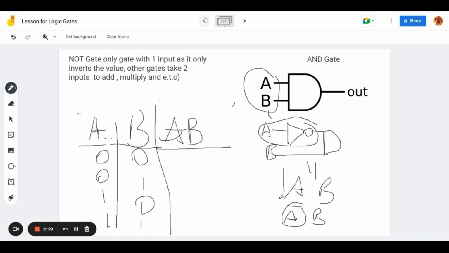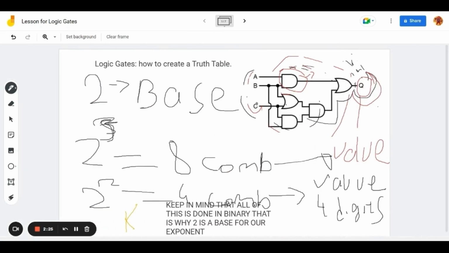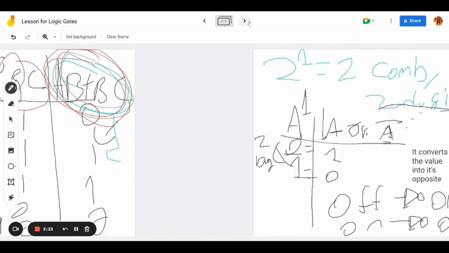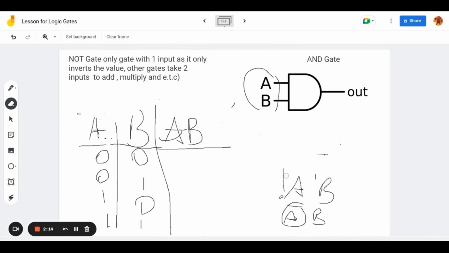Here, you follow the order of the schematic from left to right. You will understand this when I actually solve the schematic in the front. So you just multiply A and B together, and you just follow the laws of normal multiplication.